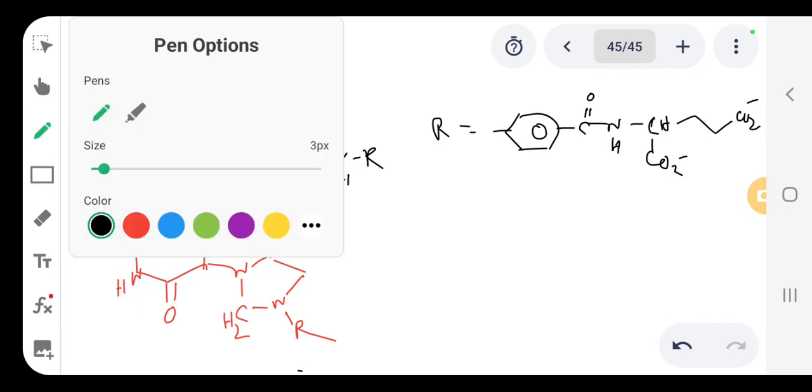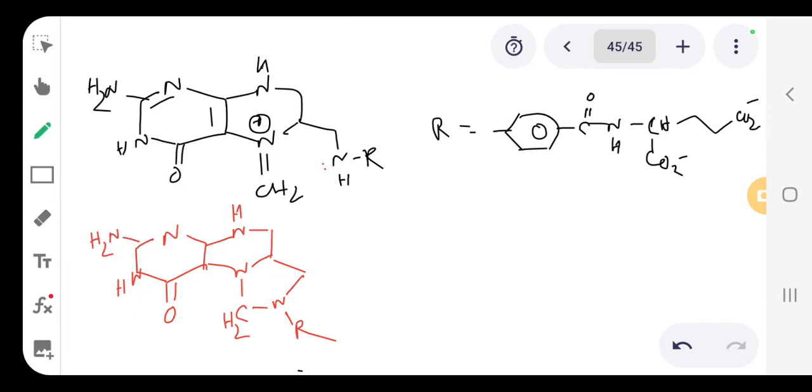What is the third structure? Here comes the third structure. So actually all those help the body to produce different DNA parts. Like here actually the NR, NH, and here what happens?